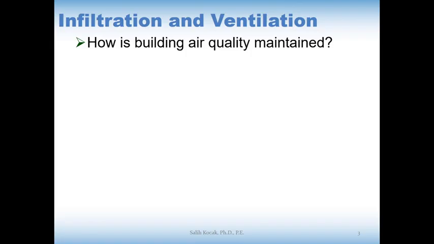The building's air quality is maintained by introducing a continuous supply of fresh outdoor air. Outdoor air is fresh, so inside the buildings we are using the air, so it is not that high quality air, so we have to replace some of it with fresh outdoor air so that the building air quality will be maintained.